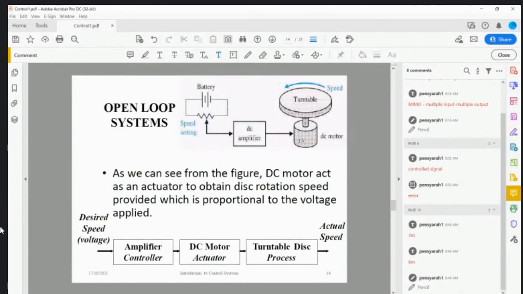The speed of the motor depends on the voltage. If you provide low voltage, it will give you low speed. If you provide higher voltage, the motor will rotate at higher speed. So the speed setting means you set the voltage to the motor. Maybe the first setting is 1 volt, the second setting is 3 volt, and the maximum setting is 5 volt.